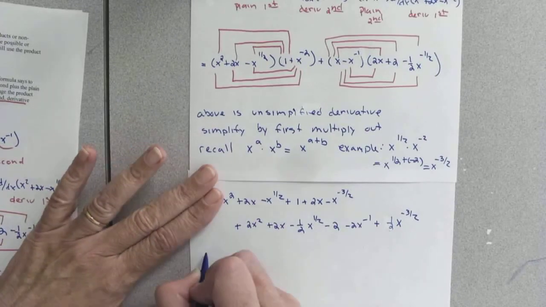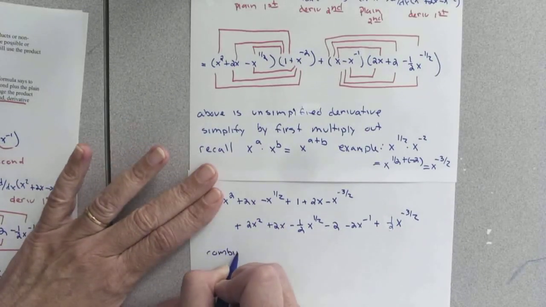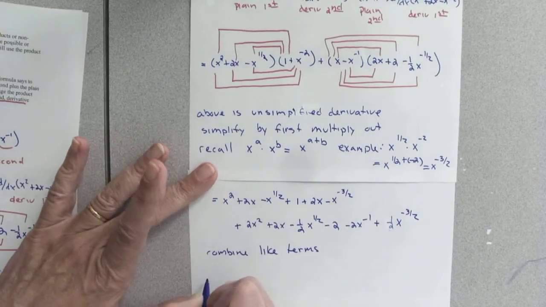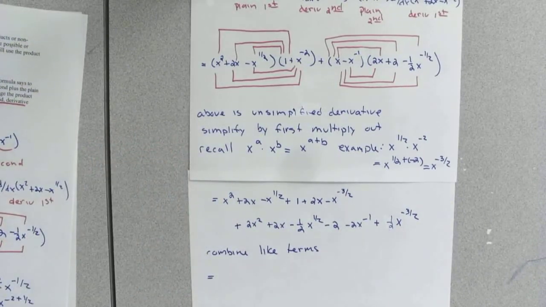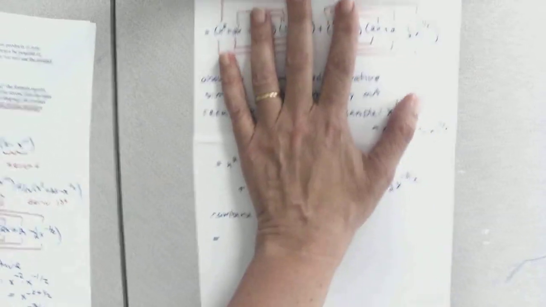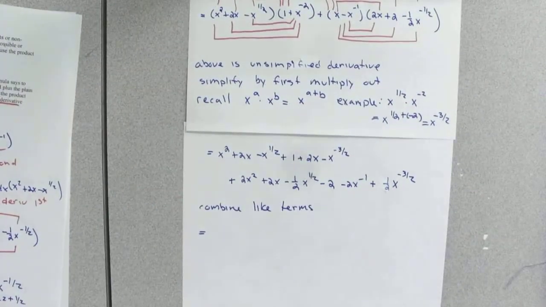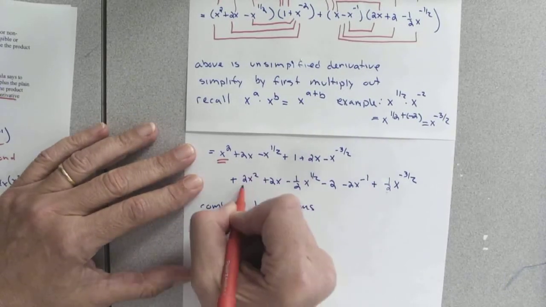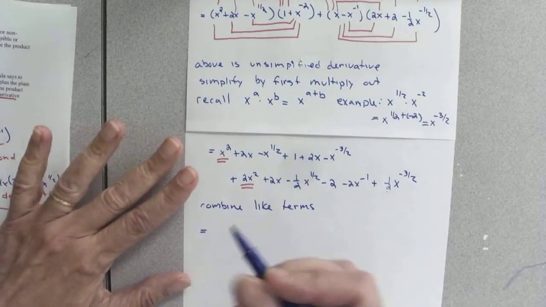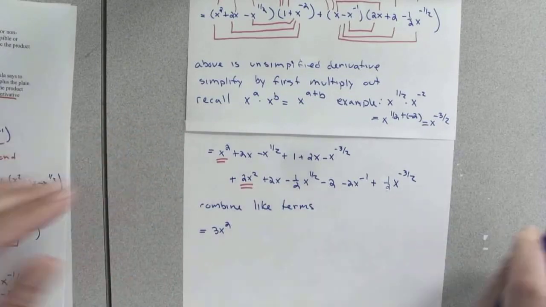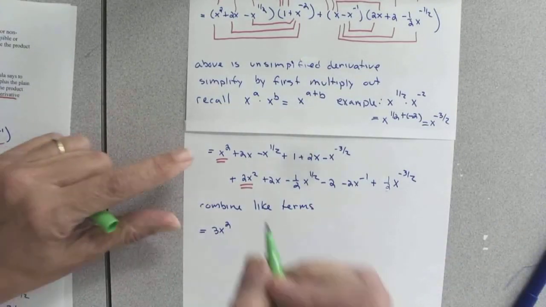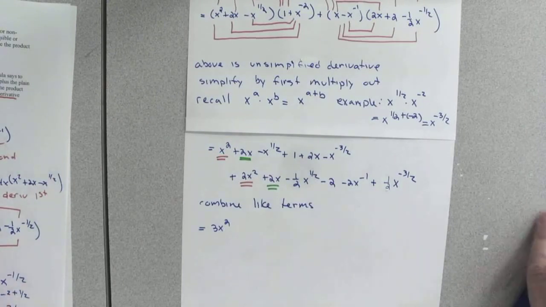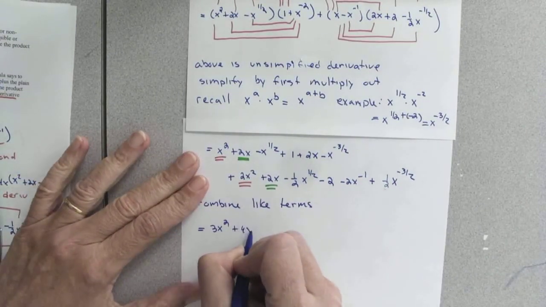Then combine like terms. And so all we did on that previous step was very carefully multiply it out. Now combine like terms. X squared plus 2x squared for 3x squared. 2x plus 2x for 4x.